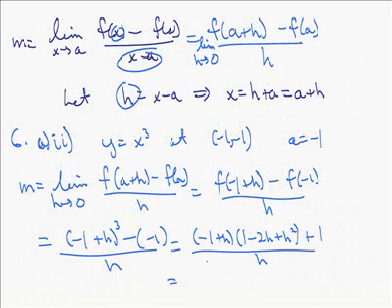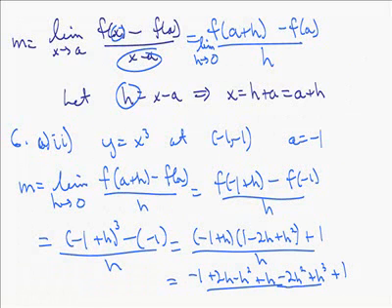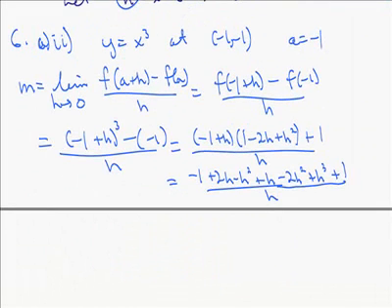And so, multiplying this through, we get -1 plus 2h minus h squared plus h minus 2h squared plus h cubed plus 1, divided by h. Again, I'm getting lazy with my limits. These should all have the limit as h approaches 0 on them.